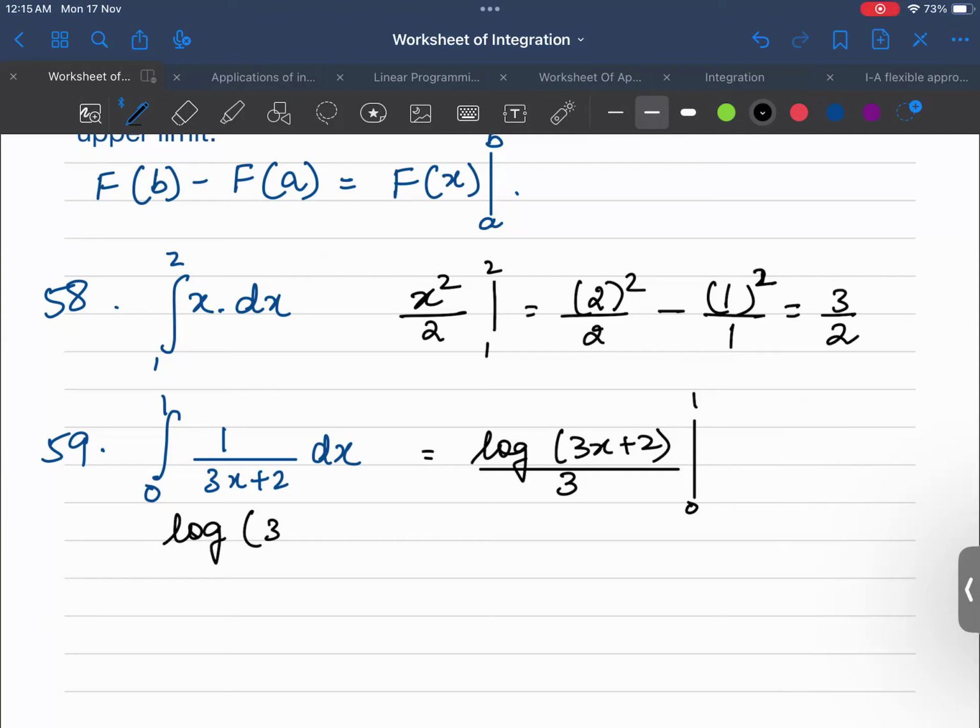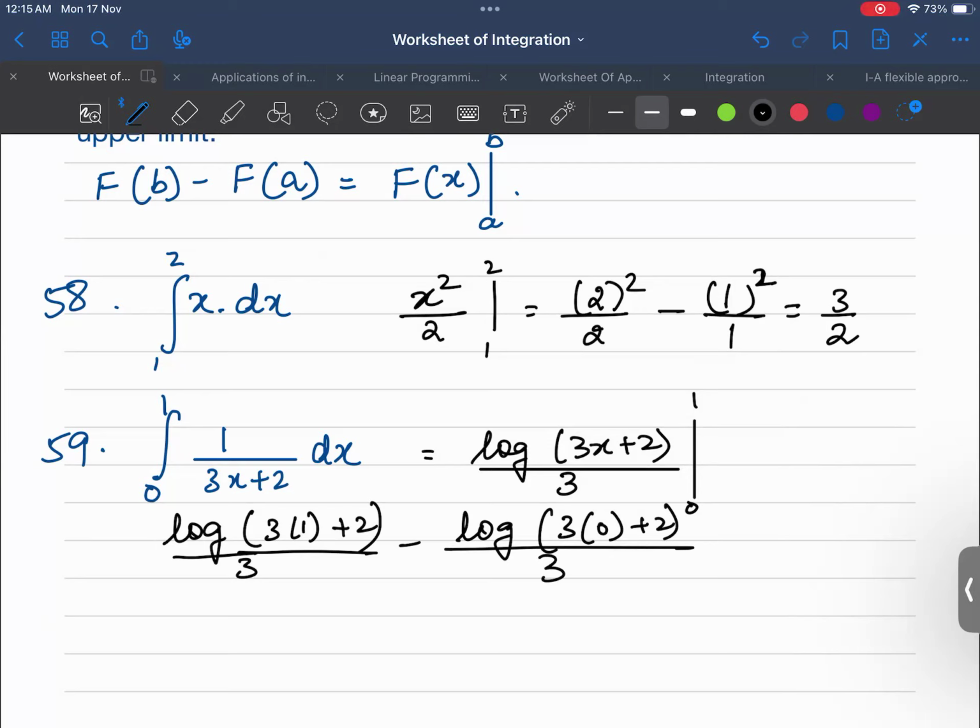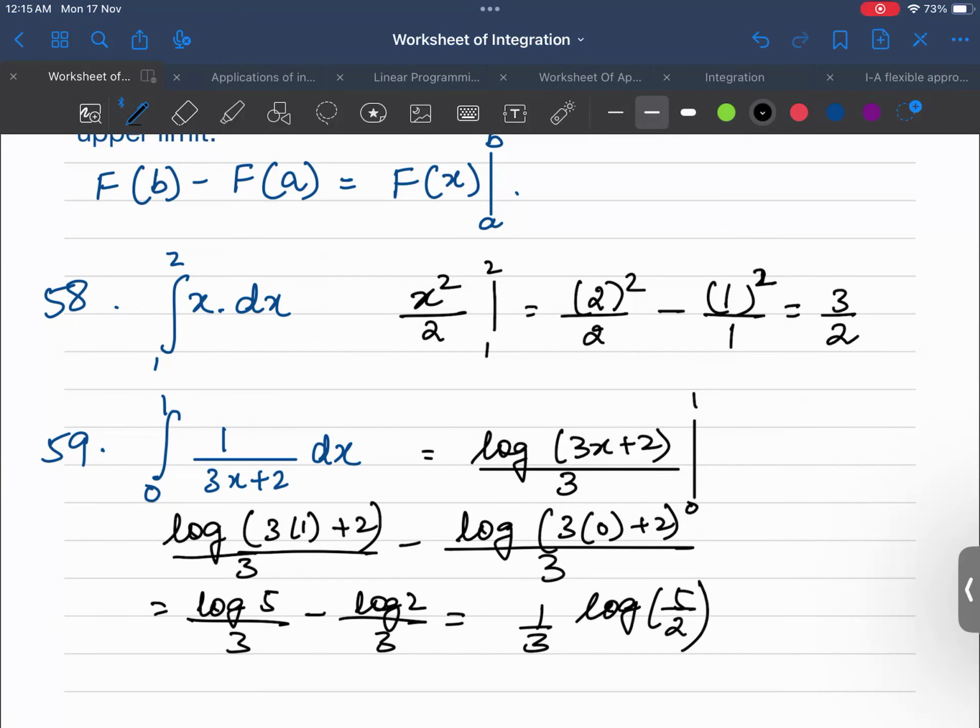It would be log of 3 times 1 plus 2, upon 3, minus log of 3 times 0, the lower limit, plus 2, upon 3. It would be log 5 upon 3 minus log 2 upon 3. We can take the 3 common, log 5 upon 2, as it's subtracting, which means it's a division. Clear?